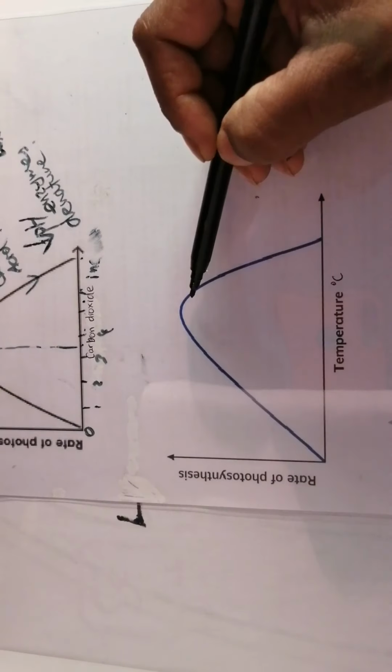Next one, let's look at temperature. I've got temperature, you've got light intensity, temperature. Okay, let's do temperature.